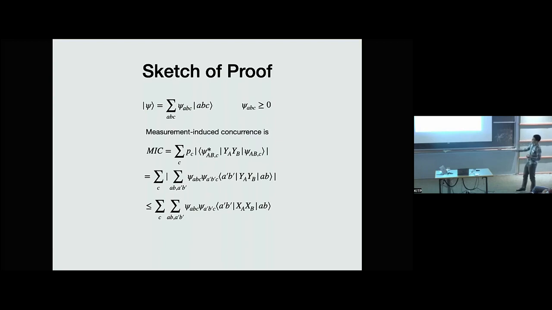So what we get is that this is upper bounded by this expression with the x's, and this is nothing but the 2-point XX correlation function. So this shows that the MIC is upper bounded by the 2-point function, and it turns out the von Neumann entropy is upper bounded by concurrence, so we get the desired inequality.